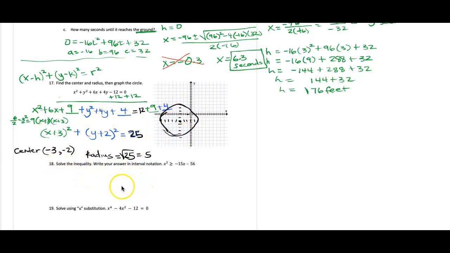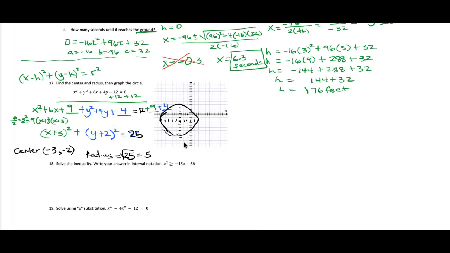Okay, number 18. Before we can solve this inequality, we have to get everything over to one side and put the other side equal to 0. With inequalities, it's so much easier if you get everything to the left side. So I'm not going to move it to the right, I'm going to move it to the left.